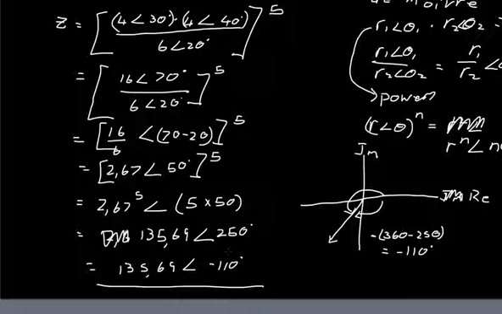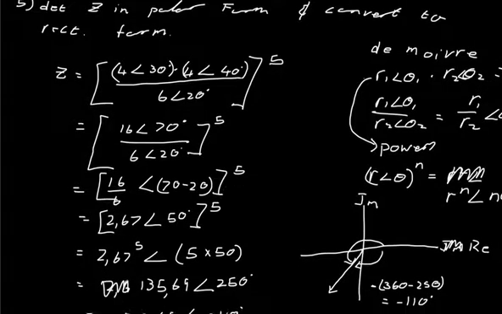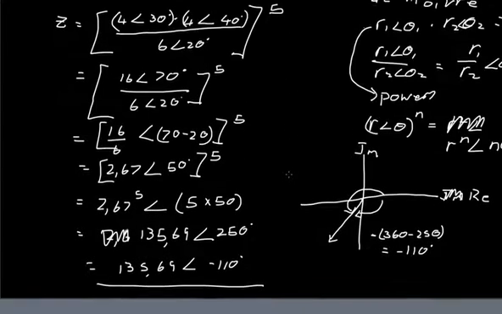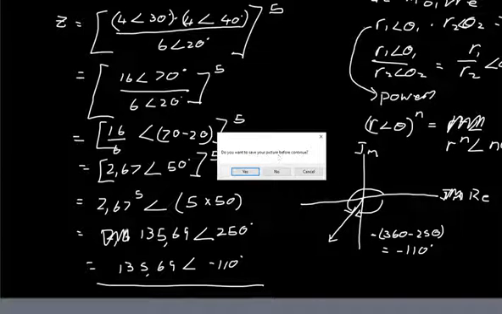Almost missed it. They said, determine the value of z in polar form and then convert to the rectangular form. We've got our answer in polar form, not in rectangular. So let's quickly get it into rectangular form. I'm going to have to open a new page.